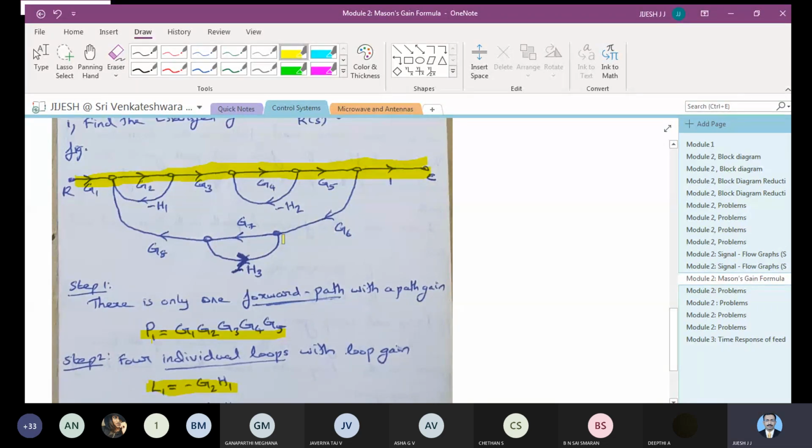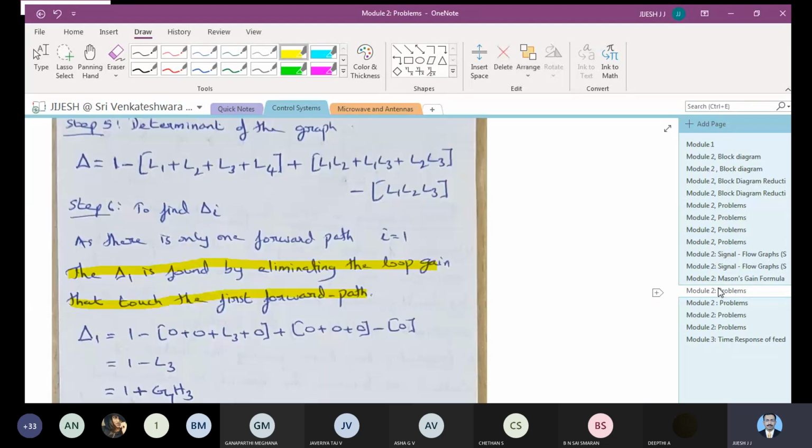Is that clear? Understand this line carefully. The delta 1 is found by eliminating the loop gain that touched the first forward path. We have this equation for delta, and we are going to write delta 1. Delta 1 means we eliminate whichever loops are touching that forward path.